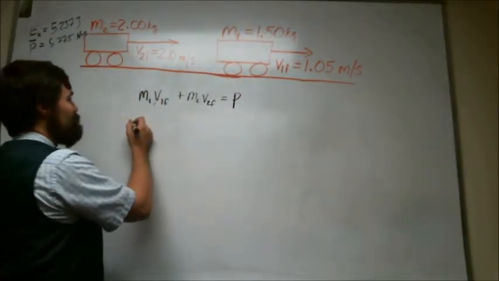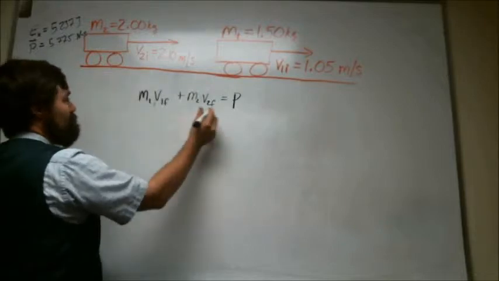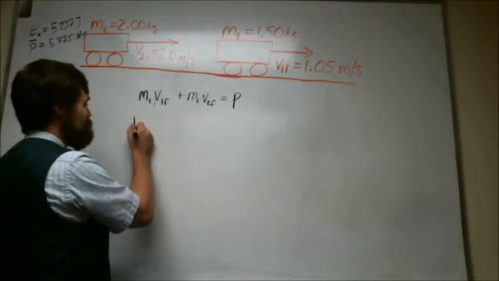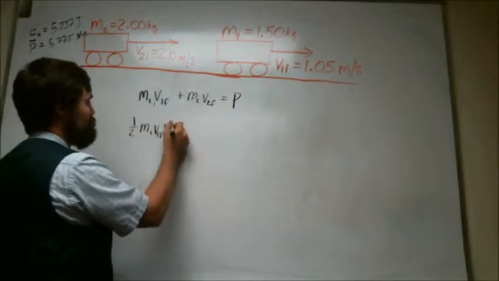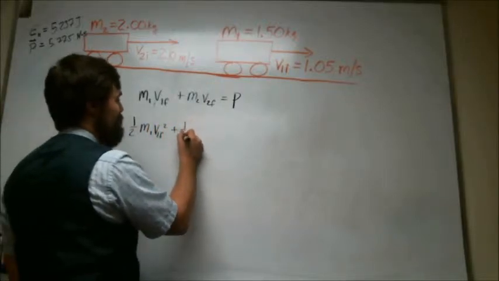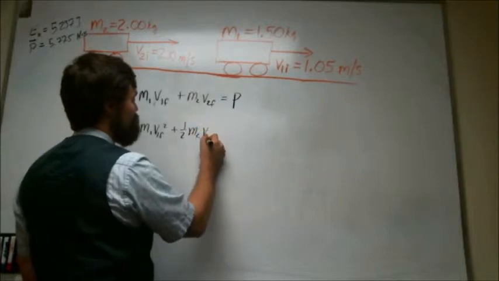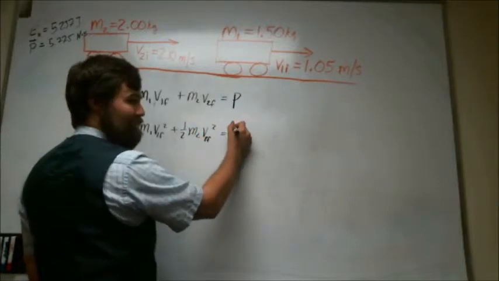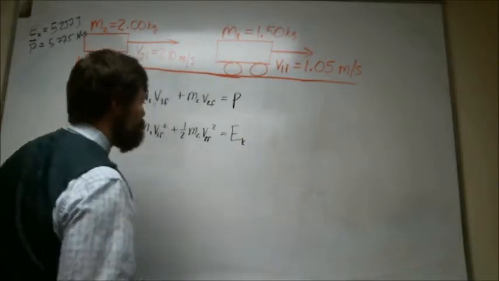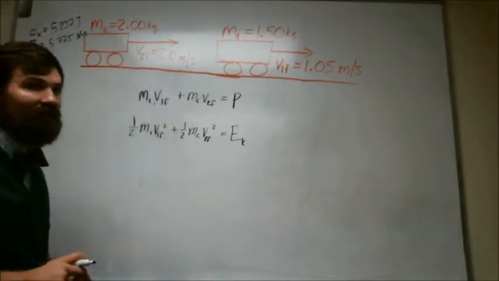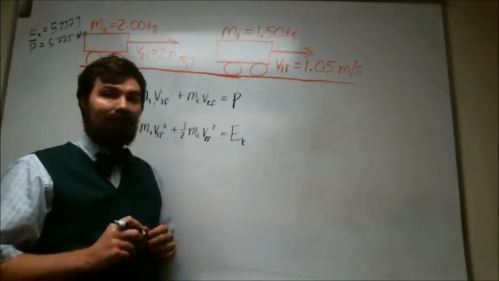And then I have conservation of energy. So this is momentum. Conservation of energy says 1/2 M1 V1 final squared plus 1/2 M2 V2 final squared has to be equal to the final kinetic energy, which is the kinetic energy that we found in step 1.